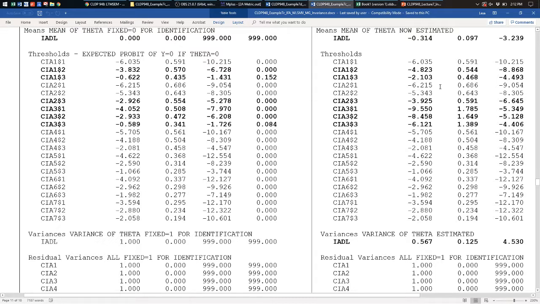Stated more simply, the items are easier for women. The thresholds are lower. So the same item at the same latent level of ability at a factor score of 0, item 1 is easier for women.